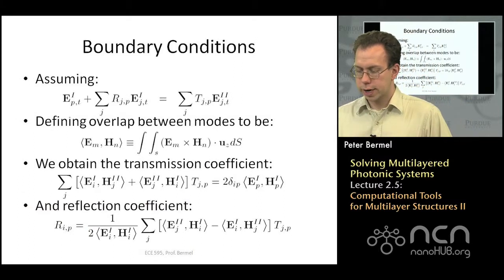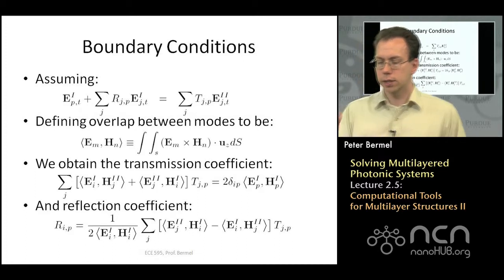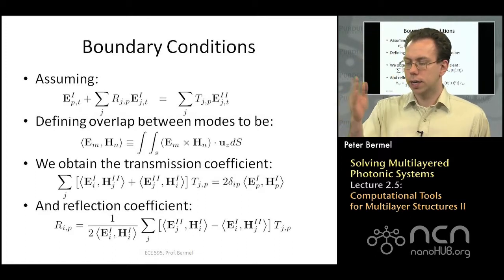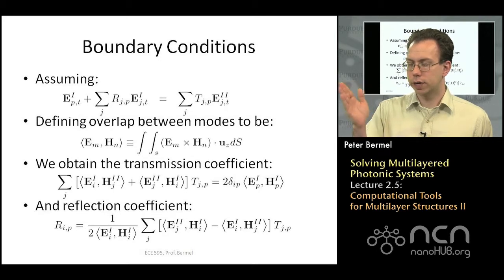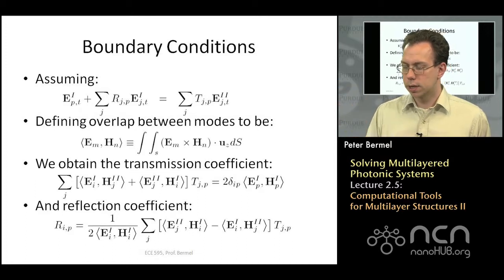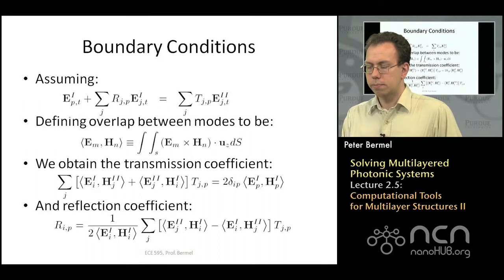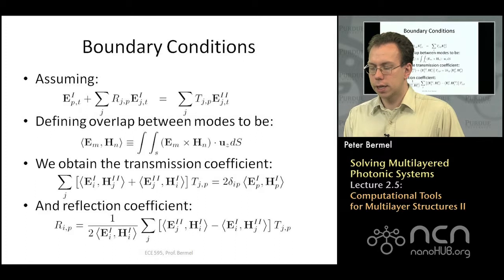Continuing on, based on this Lorentz Reciprocity relationship, we are able to write down what the E fields look like. Like we said, there's the incident field, and then there are all the reflected fields, with different wave vectors in the perpendicular direction, as well as all the transmitted modes. Then we can define overlap between pairs of modes based on the E fields in the mth mode and the H fields in the nth mode.